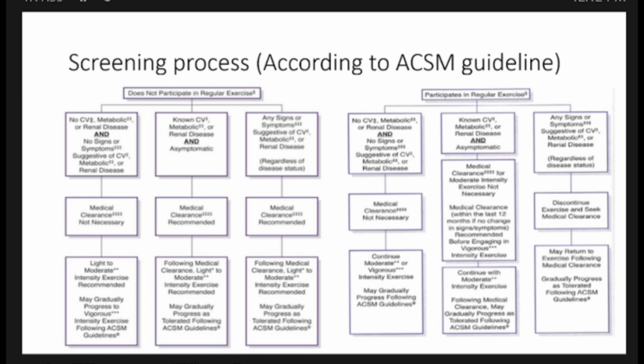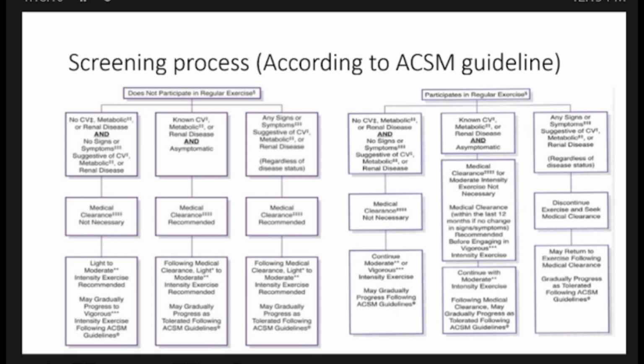In this process, we are more concerned about cardiovascular disease, metabolic disease like diabetes, and renal disease, because the important thing about diabetes and renal disease is that it changes your internal environment. It changes your metabolic system. As I told you before, exercise acts on the metabolic system, so you have to be in good, optimal condition if you want to do exercise.